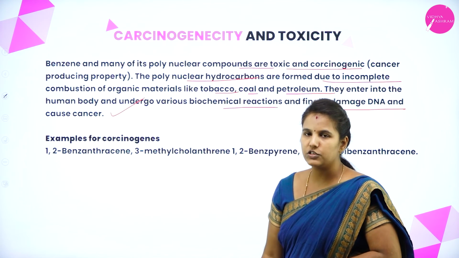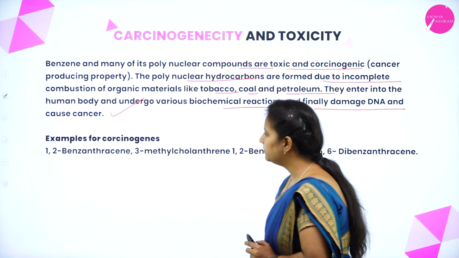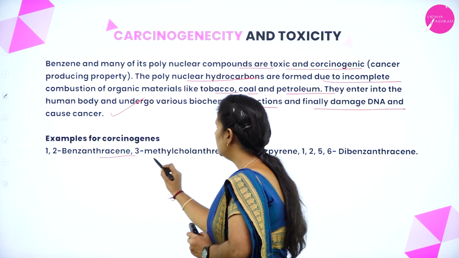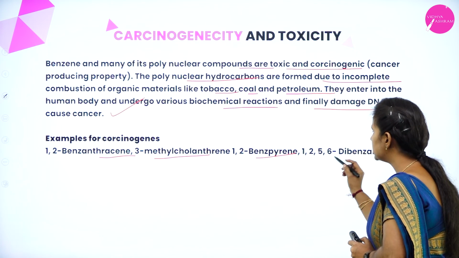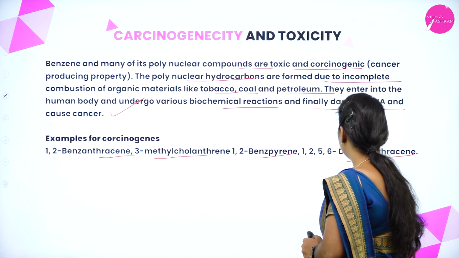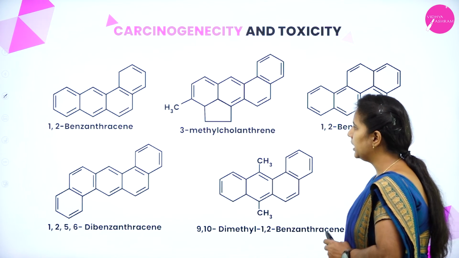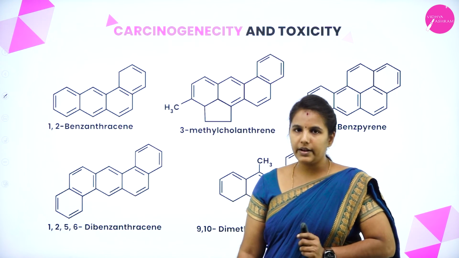Examples of carcinogenic hydrocarbons are 1,2-benzanthracene, 3-methylcholanthrene, 1,2-benzpyrene, 1,2,5,6-dibenzanthracene. So this is the structure of a carcinogenic aromatic hydrocarbon.